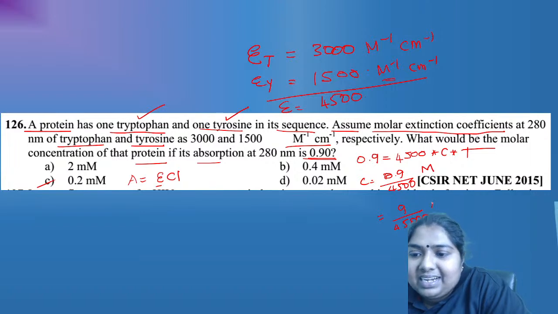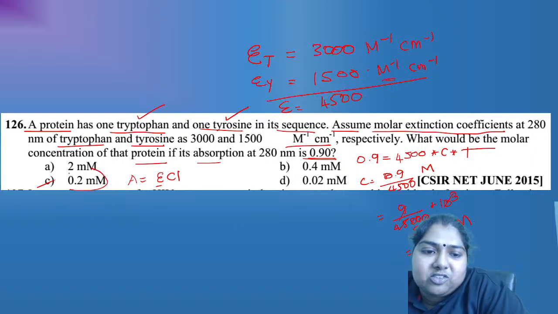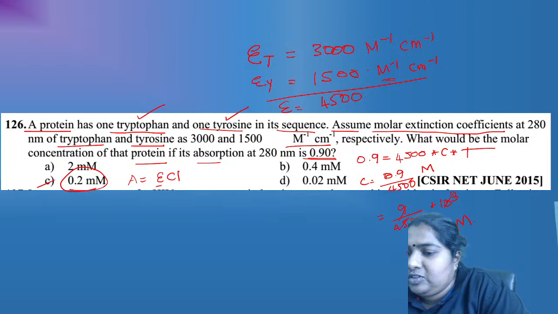So you have to convert it into millimolar. You can take it as one more 3. So this 3 and this 3 will be cut off, right? So it is going to be like 1 by 5. So that is going to be your 0.2 millimolar. So 0.2 millimolar is going to be the correct answer for this question.